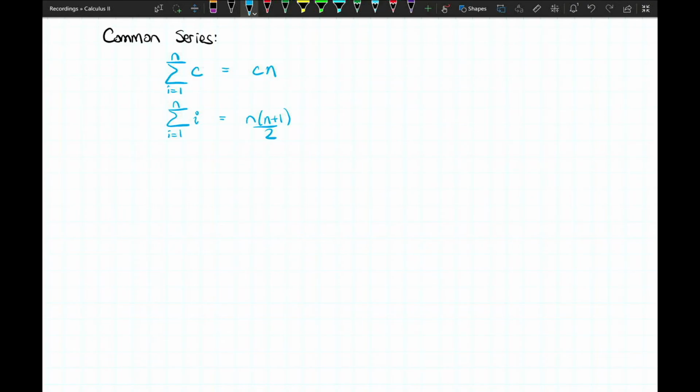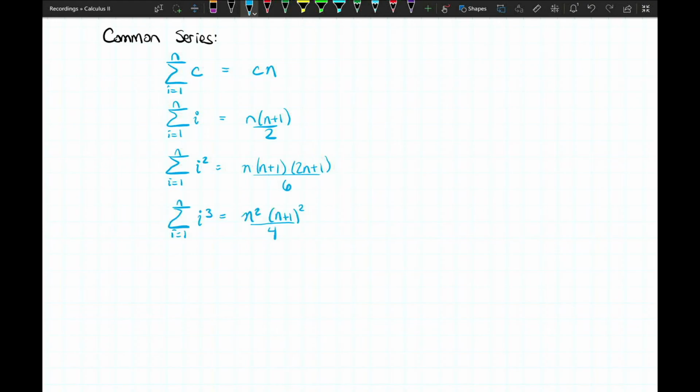Now, you can continue this, and it gets a little bit trickier to figure out where these formulas would come from. Let's take a look at the sum of the first n perfect squares. The sum of the first n perfect squares is n times n plus 1 times 2n plus 1 all over 6. And then let's just go one higher power here. Let's take a look at the first n perfect cubes and see what the sum of those would be.